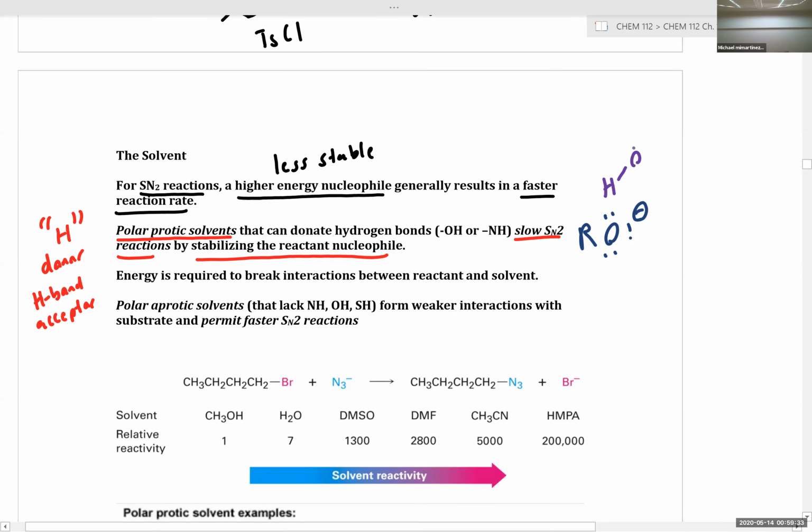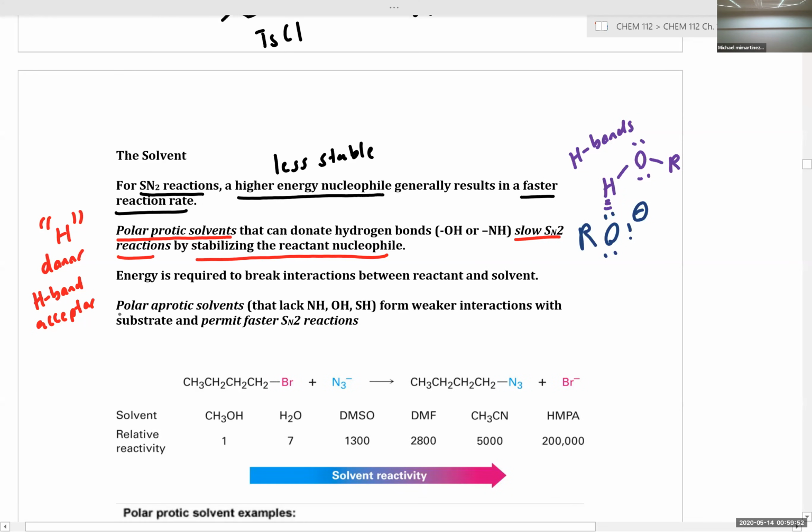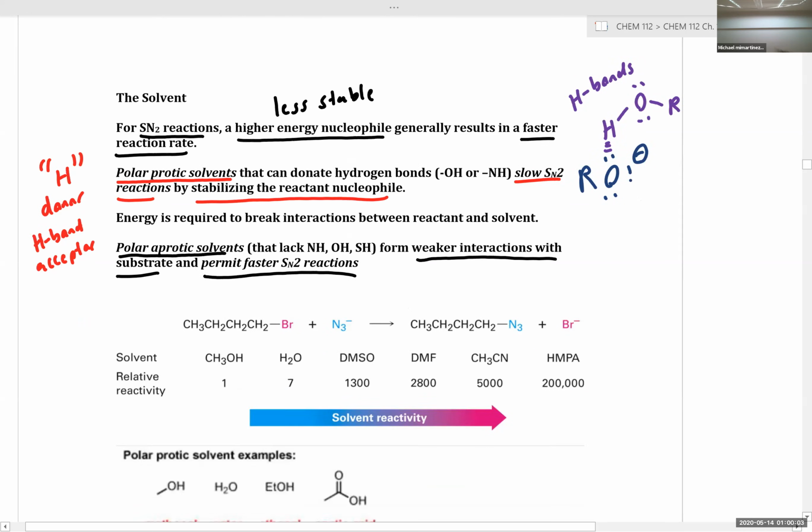So if it was run in, for example, an alcoholic solvent, we'd end up forming hydrogen bonds that stabilize our nucleophile. Now, polar aprotic solvents that lack hydrogen bonds form weaker interactions with the substrate, and they permit faster SN2 reactions.